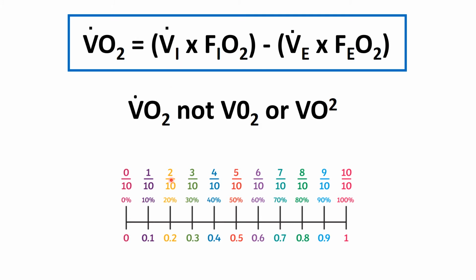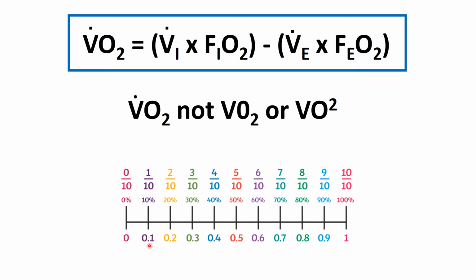And just to think about the relationship between fractions and percentages, it's a really simple one. A percentage is 100 times higher than a fraction. So if you look at this chart at the bottom here, if we've got 100%, the fraction is 1, 0%, the fraction is 0.